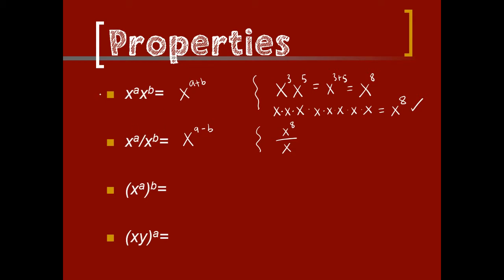They have the same base, and I think that's an important piece of this. I'll go ahead and write that. X to the power of 8 divided by x to the power of 7. By this rule, I should be doing x to the power of 8 minus 7, which is x to the power of 1.